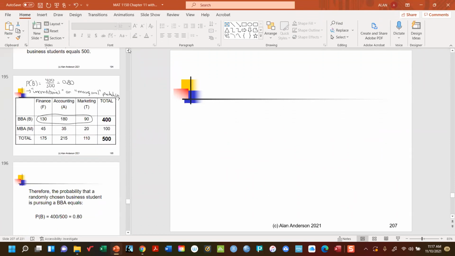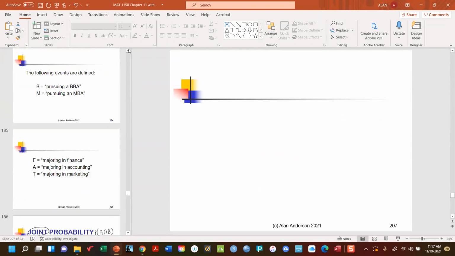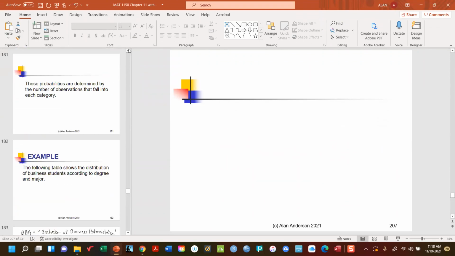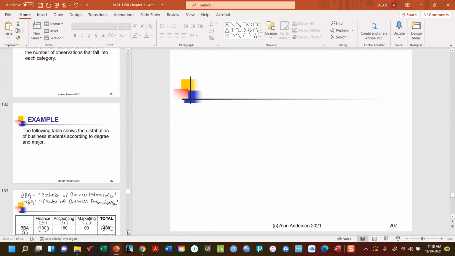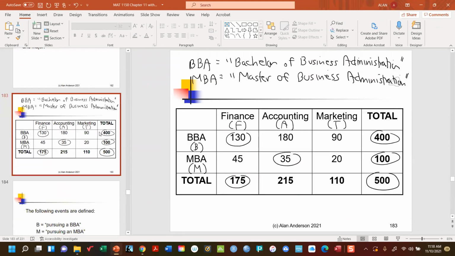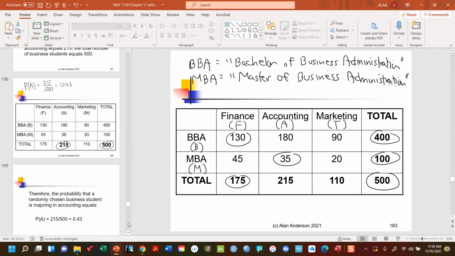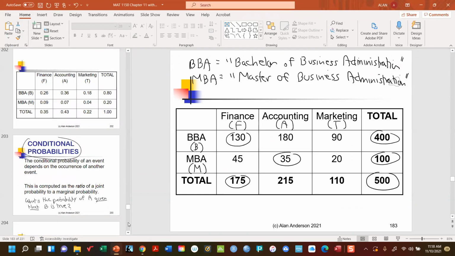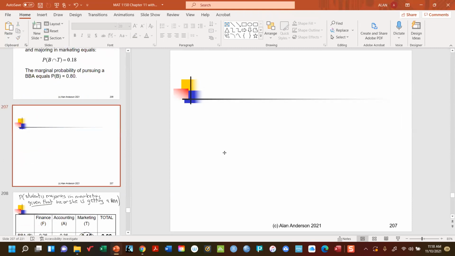So let's go back and get the original table for a minute. Yeah, here we go. So let's look at the original table.